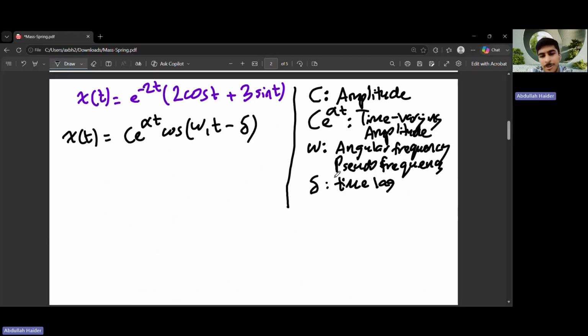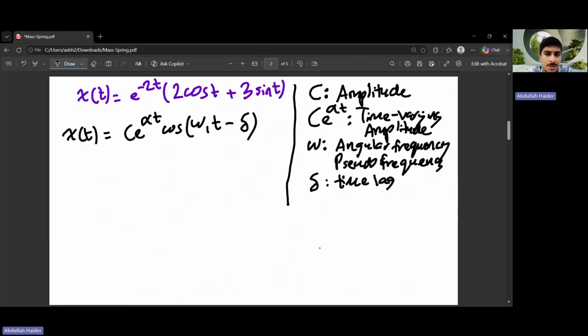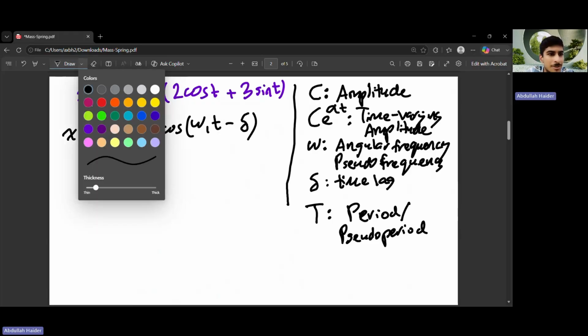Some other important things you will need to know is the big T. You might know it from physics 1 or physics 2. This is called the period, but in math 211, it can also be the pseudo period. Period or pseudo period. And then some key formulas you need to know.